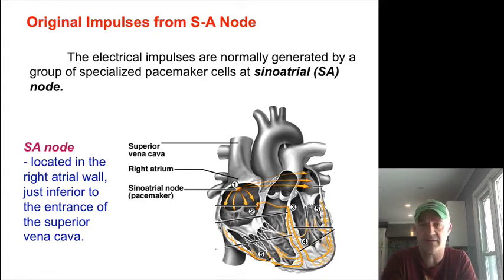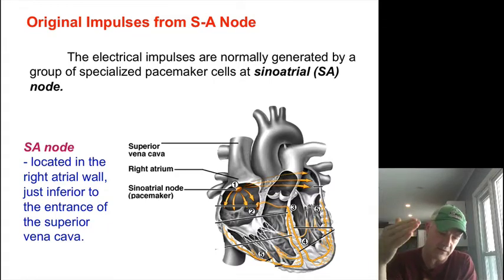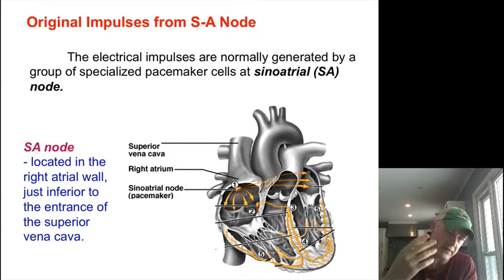How this works is you have these sodium leak channels in this cell that are allowing sodium to go into the cell. We pump this out, but there's sodium that's leaking in.